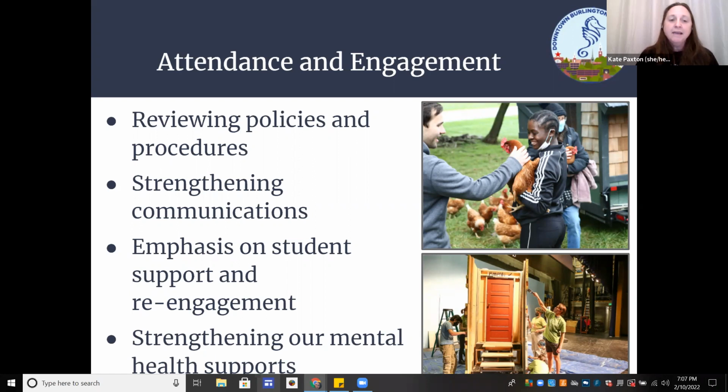And as Lauren talked about with the RISE allocation, how we can increase the amount of mental health support that we can provide in the building.